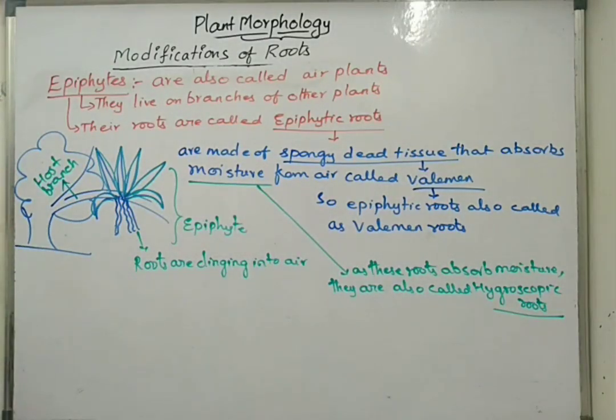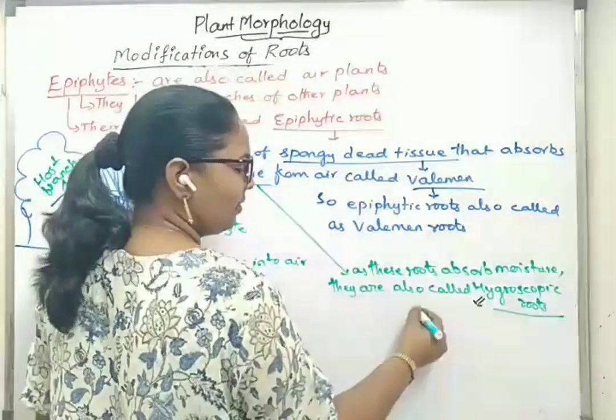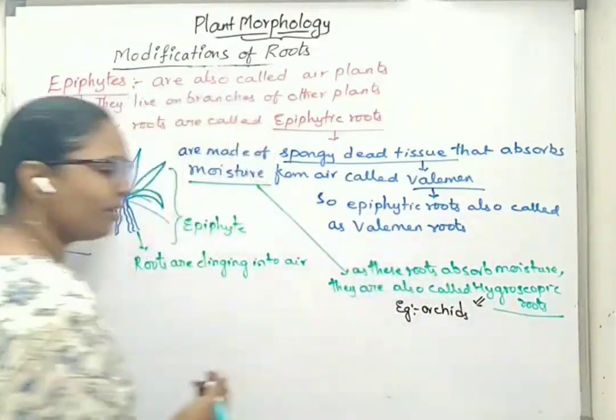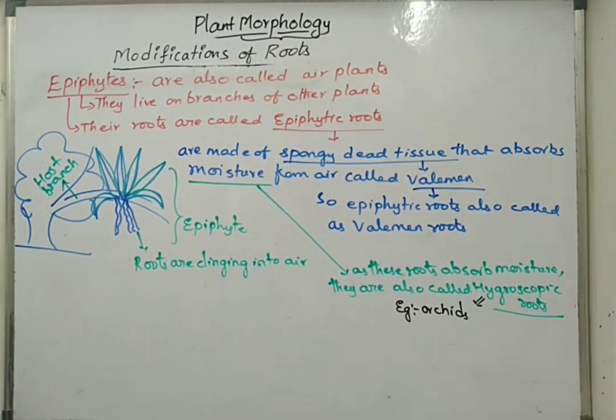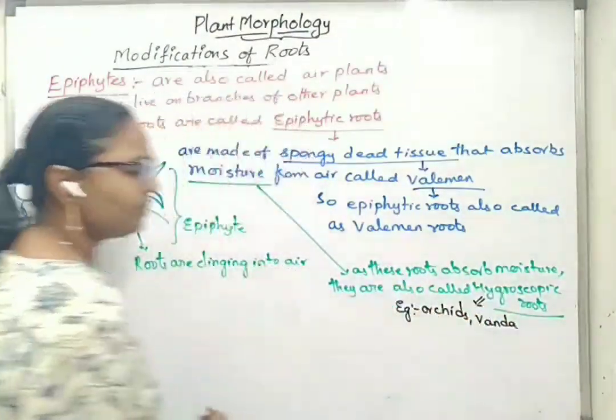Under these epiphytic roots or velamen roots, some roots are photosynthetic in nature. Under the non-photosynthetic, we can give examples like orchids. Orchids as a best example, and vanda as a best example.